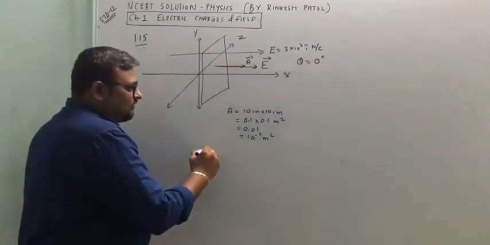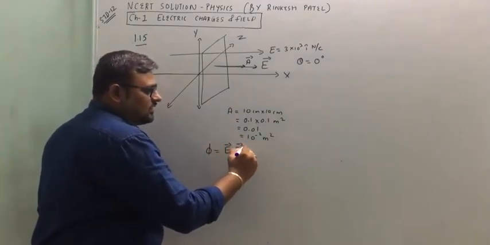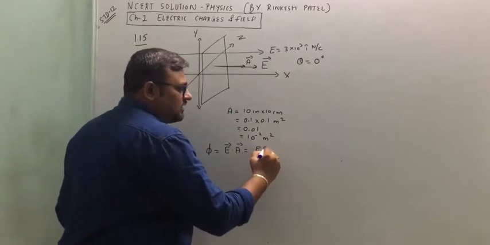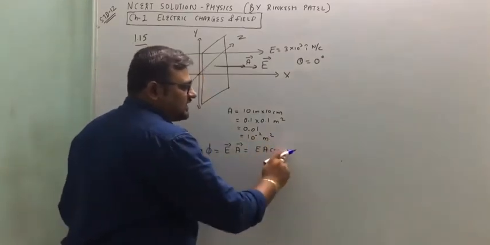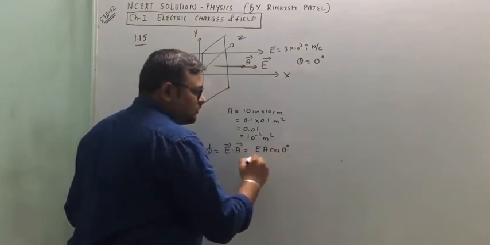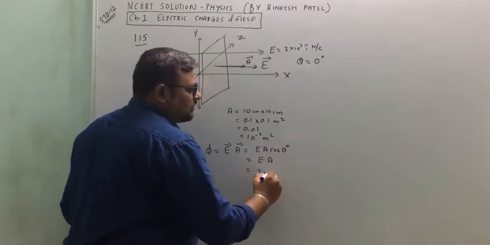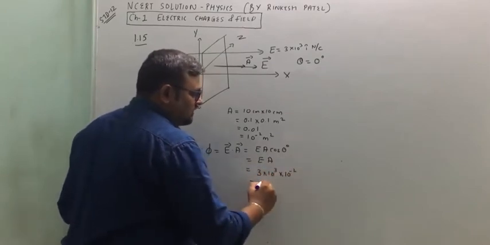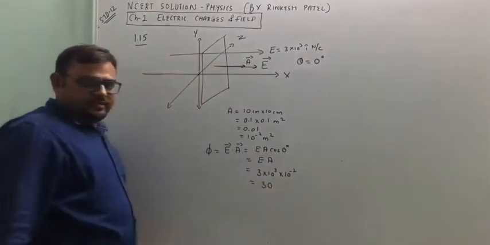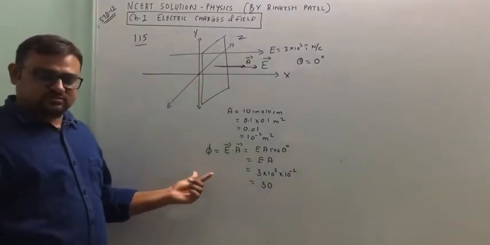So the formula for flux is E dot A, equal to E A cos theta, or E A cos 0 degree. So this will be E into A, 3 into 10 raised to 3 into 10 raised to minus 2. This will be equal to 30. So this is the flux.